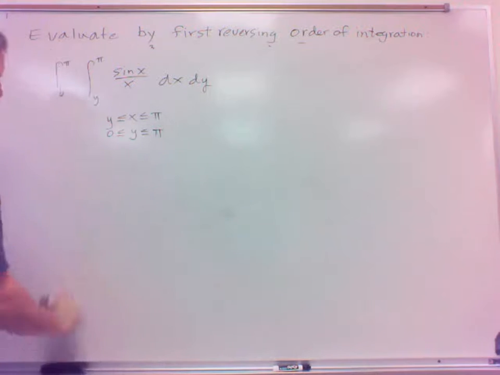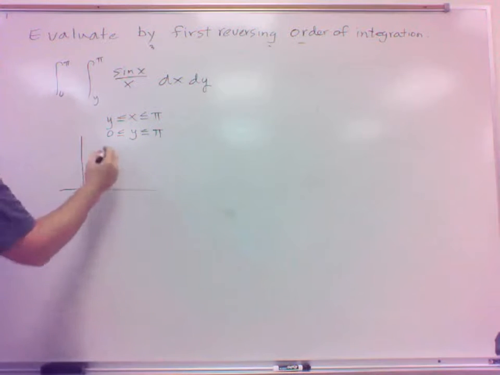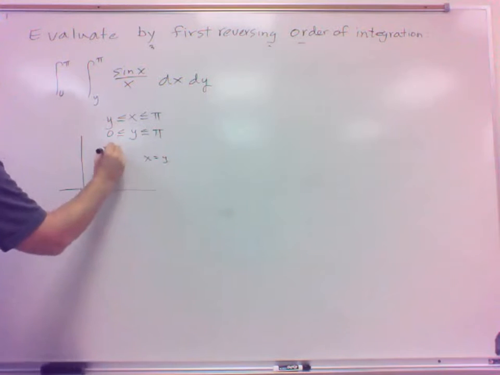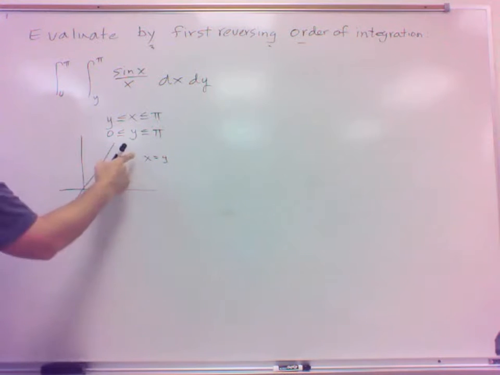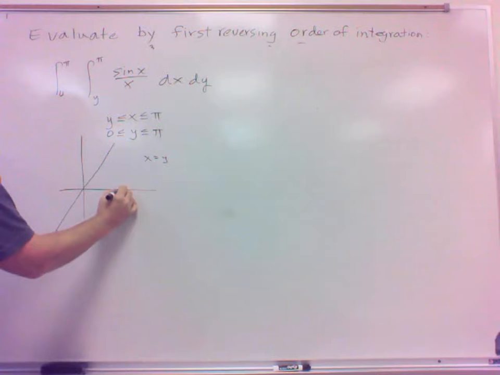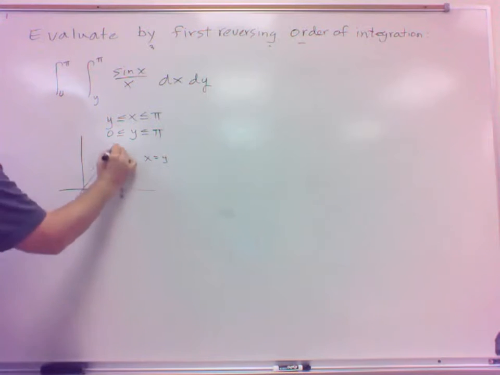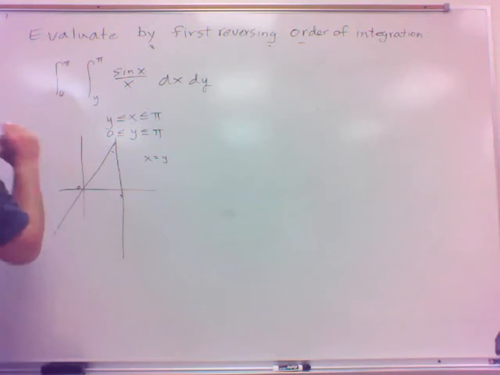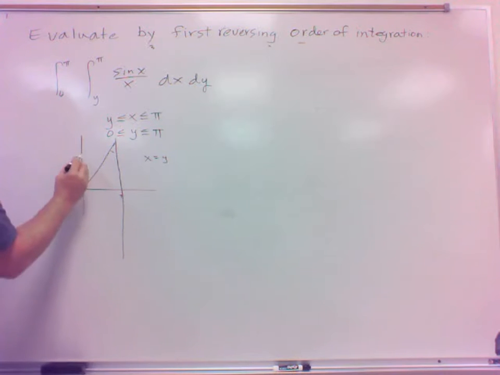And so that is from x equals y, which is that, to x equals pi, which would be a vertical line at pi. And then y goes from 0 to pi.